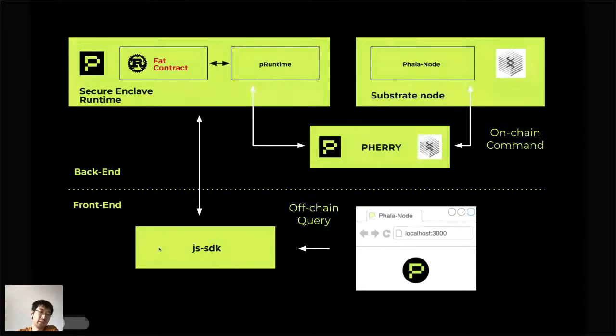They are sent directly to the secure enclave workers, because the workers will export some port for invocation. In this way they are more like servers on a traditional VPS. Users can directly send the off-chain query to the contract in the secure enclave through our JS SDK, and they can get the result immediately without the latency from the blockchain.